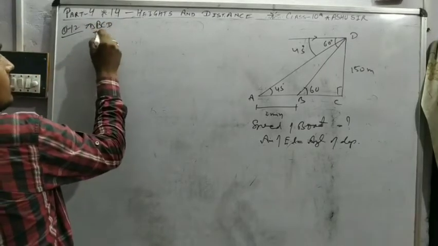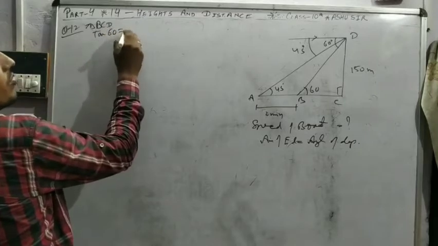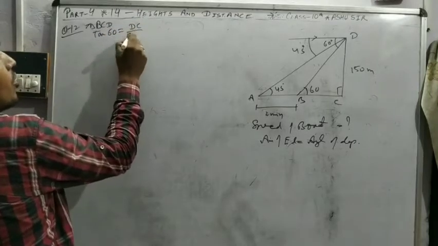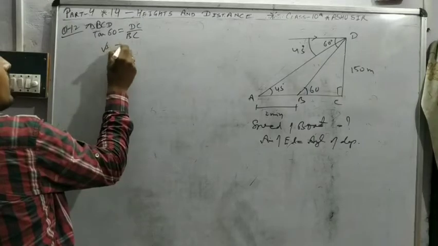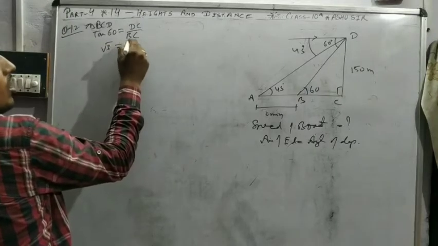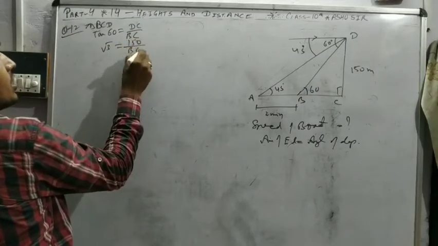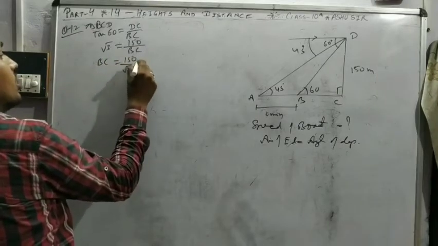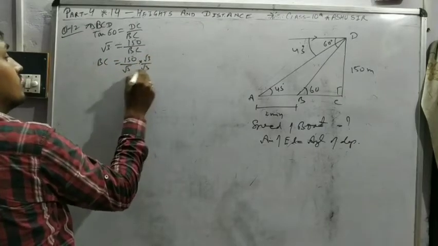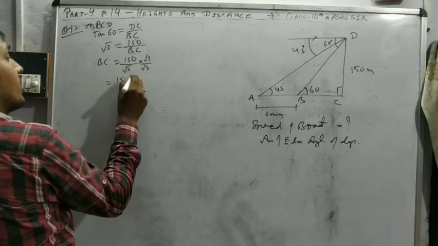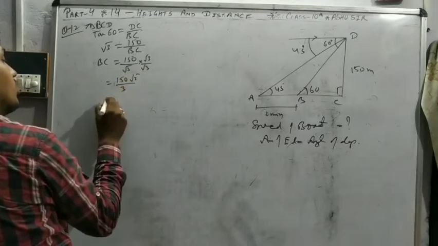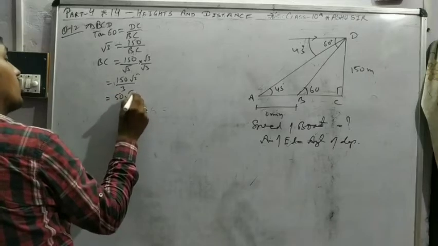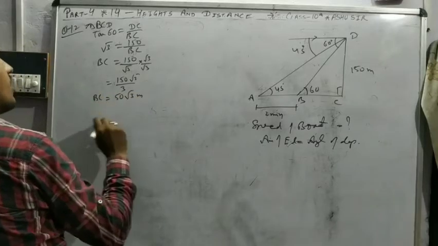Find tan 60, firstly: DC upon BC, root 3 equals 150 upon BC. So BC is equal to 150 by root 3. Rationalize them: 150 root 3 by 3, that is 50 root 3 meter is the value of BC.